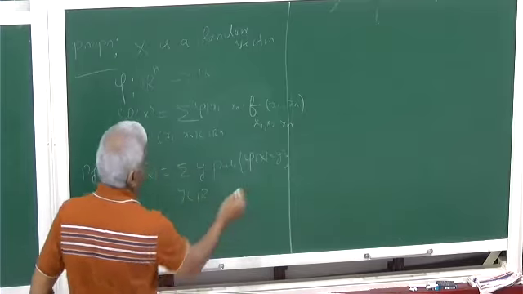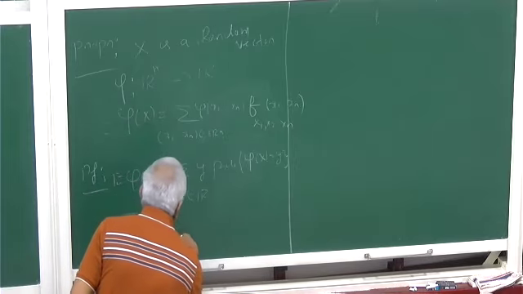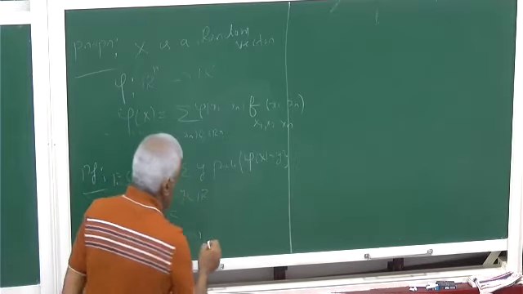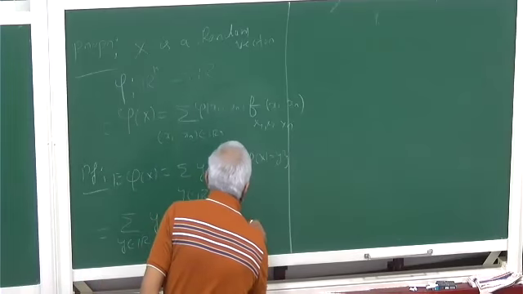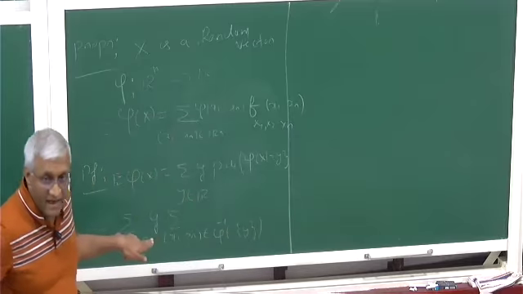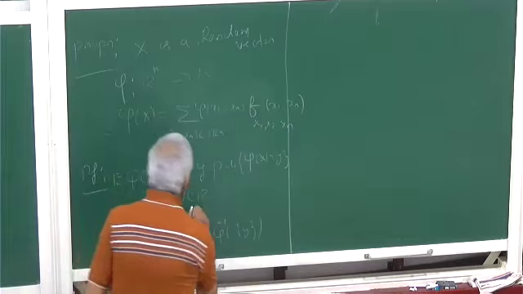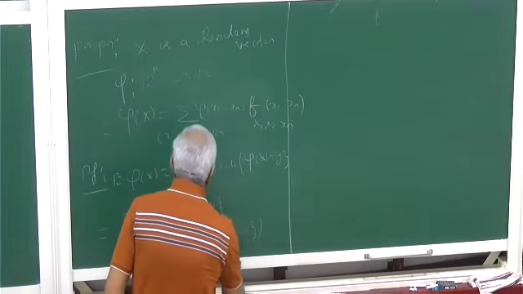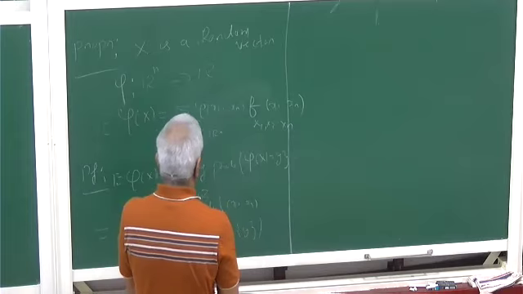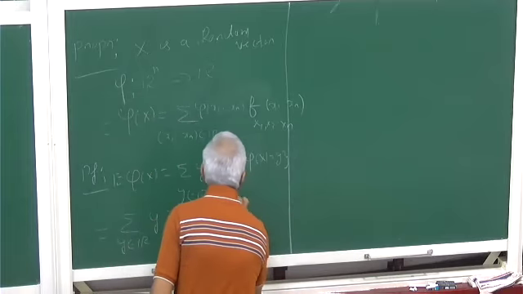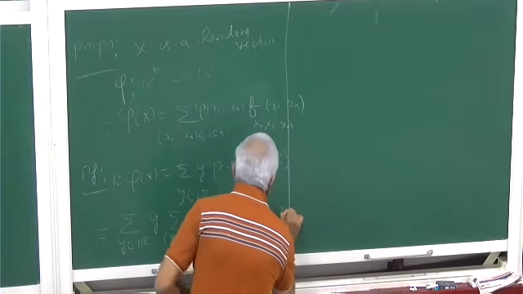And this is equal to the sum over y in R, and then we can write it with the summation over x1 up to xn. I have already given the reasoning, and the reasoning is the same. Phi inverse of y is something in Rn. It's the pre-image of the singleton y, which is in Rn. Then the probability of x1 up to xn equal to x1 up to xn.